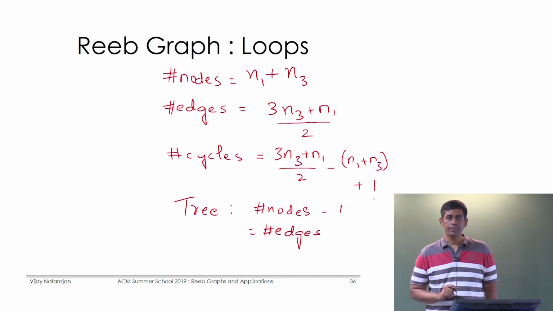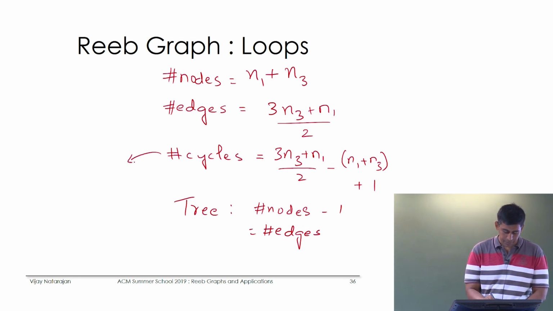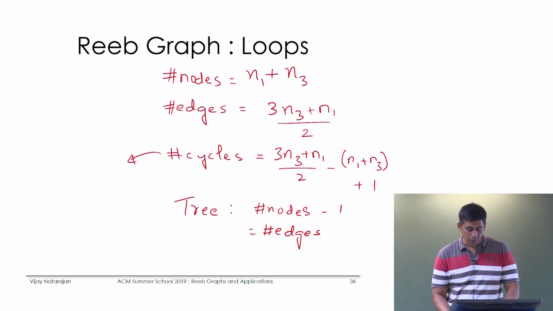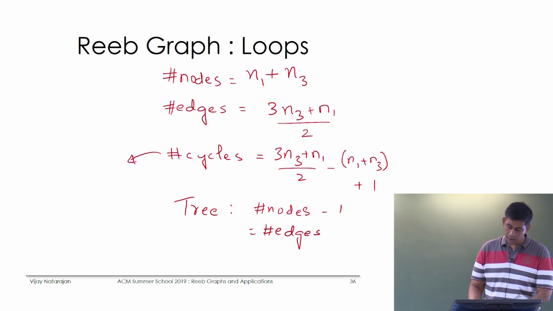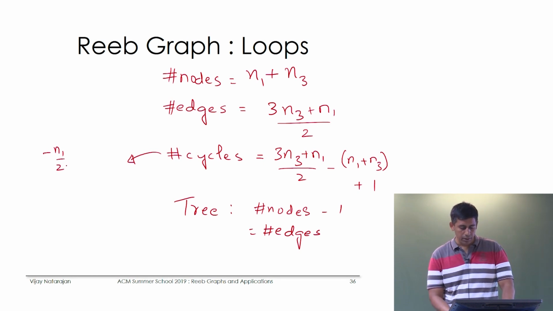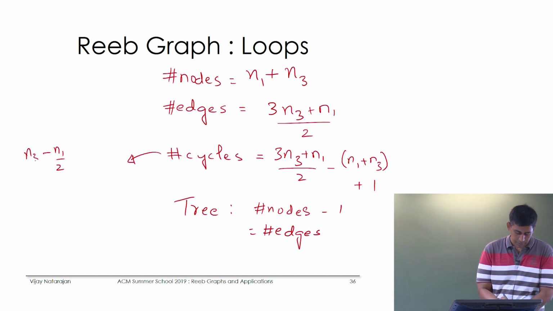Can somebody calculate that for me? So you have 3 n3 over 2 here, and n1 over 2, so you get a minus n1 over 2, and 3 n3 over 2, so you get an n3 over 2, and a plus 1.